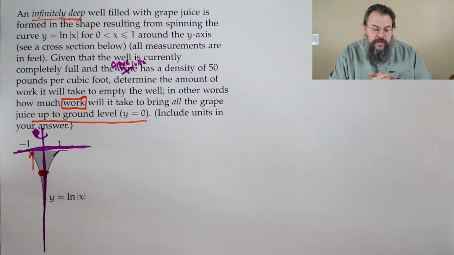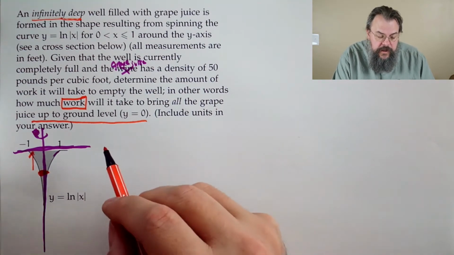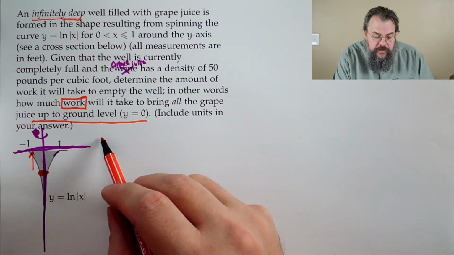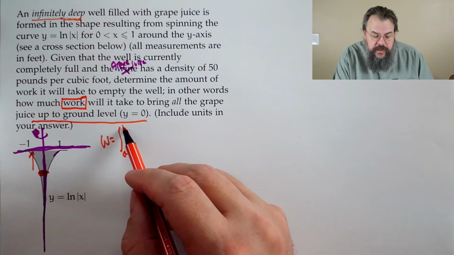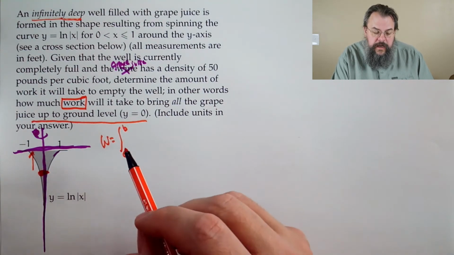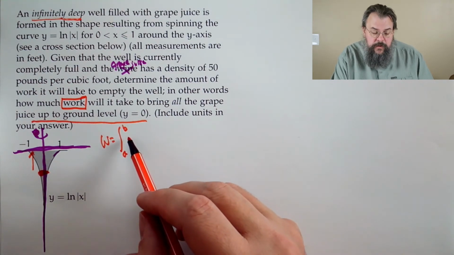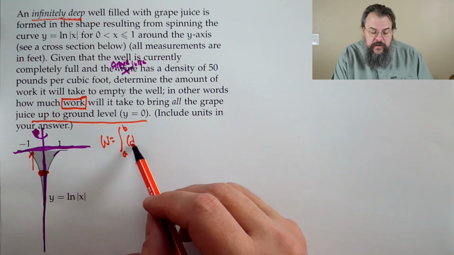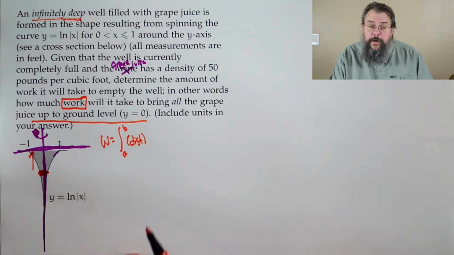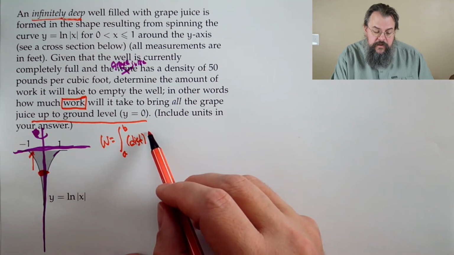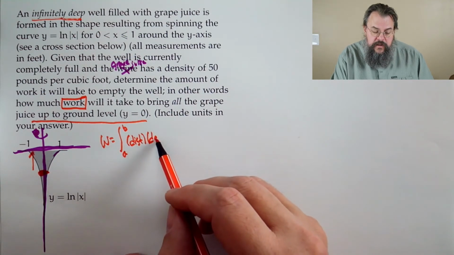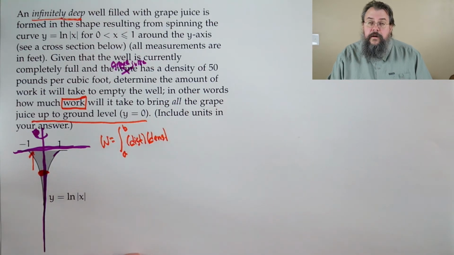So, how do we proceed? Well, let's start with our basic formula. So work is adding up, start to finish, and then we're going to have our individual pieces. We're going to have our distance, how far we have to move our little piece. We're going to have our density, how dense is our fluid at that place.